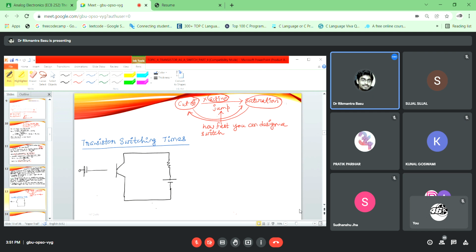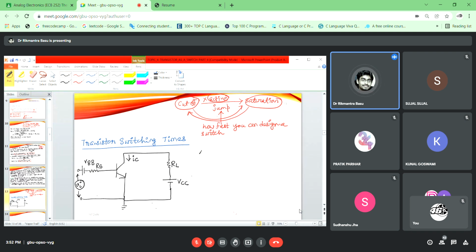So this is your input applicable. This is your VBB. This is your input base resistance RS. The current IC is flowing. This is a typical transistor circuit, the load resistance RL and the VCC.